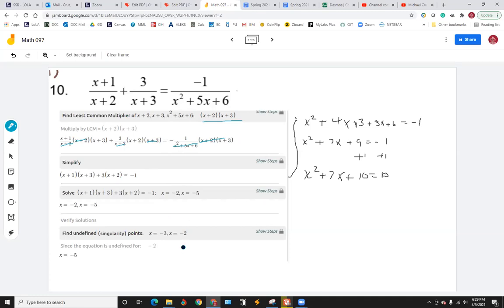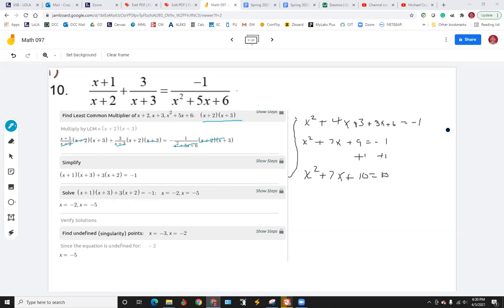All right, now, this one's got a lot of things going on. So when you multiply these here, x times x is x squared, x times 3 is 3x, x plus 1 is 4x. And then on this side, it's 3 times x is 3x, and 3 times 2 is 6.